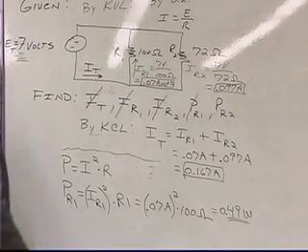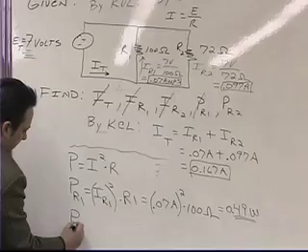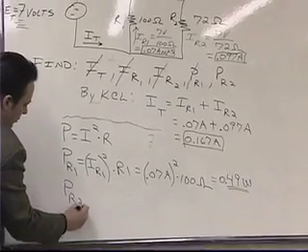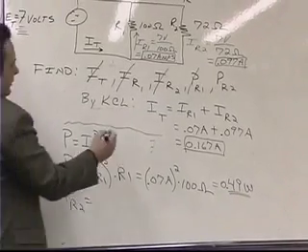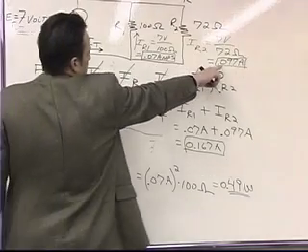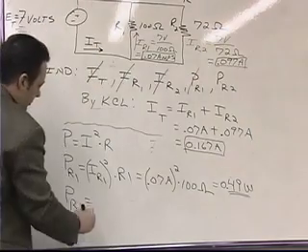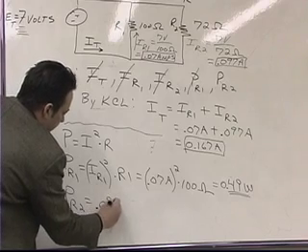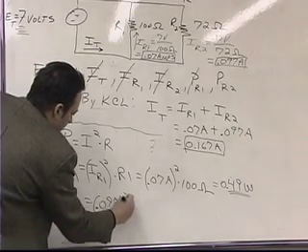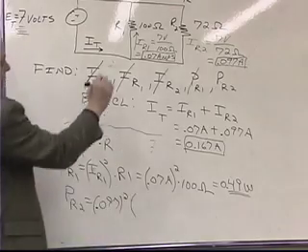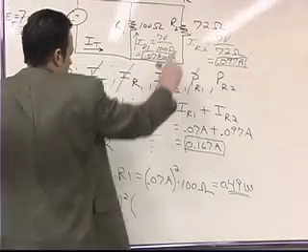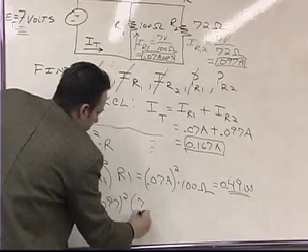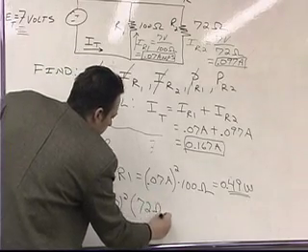And then likewise, the power that would be dissipated in resistor number 2 would be equal to the current in resistor number 2, which is 0.097 quantity squared multiplied by the resistance of resistor number 2, which is 72 ohms.